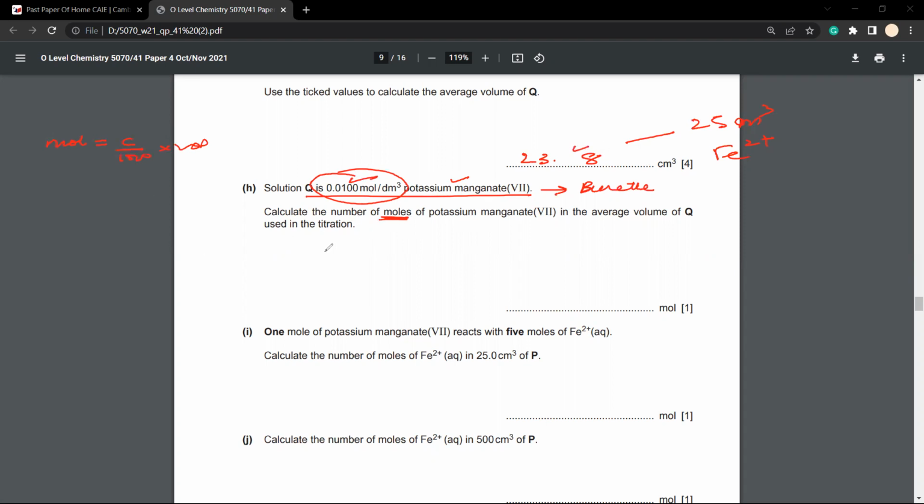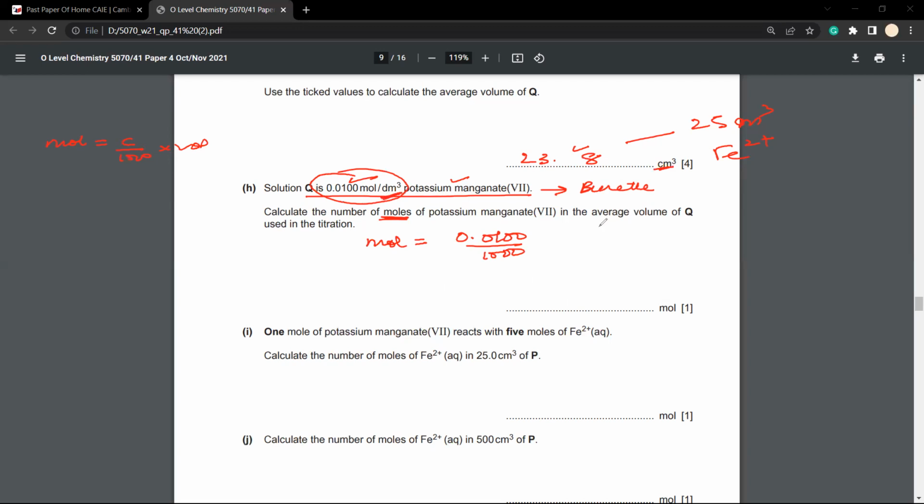So we will just simply write down, or always remember that we should be showing our working here, because in case the answer goes wrong, at least the examiner will give you the marks after looking at your working. So we'll be finding out the number of moles where we'll write down the concentration, that 0.0100 divided by 1000. Why with 1000? Because here we have the unit dm³ and here we have cm³.